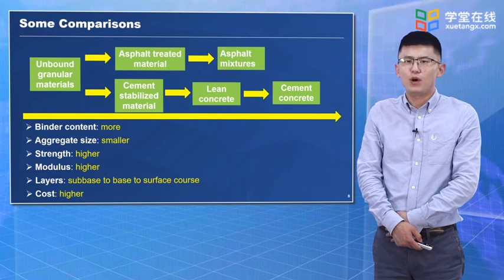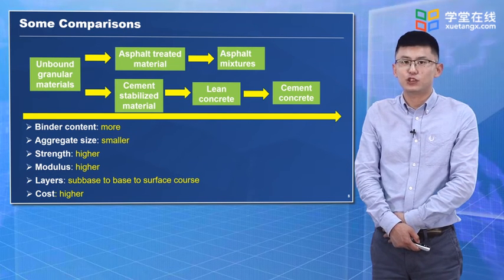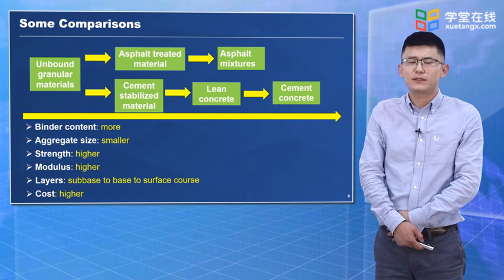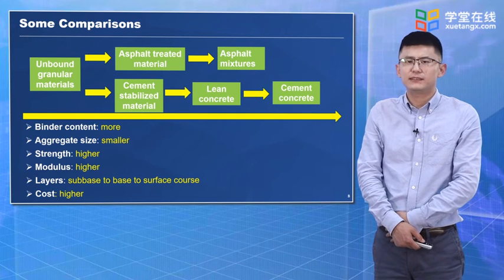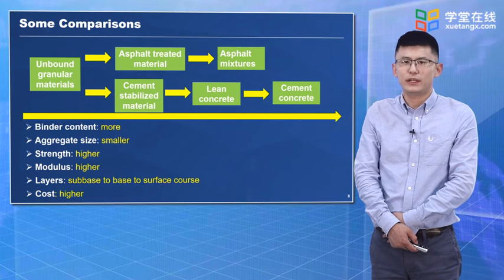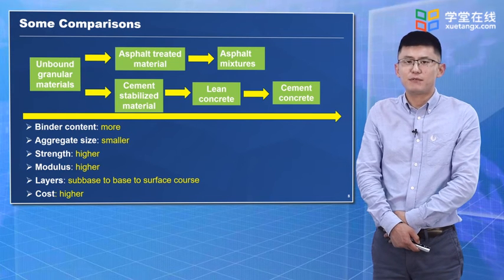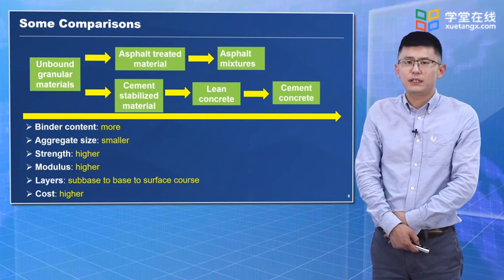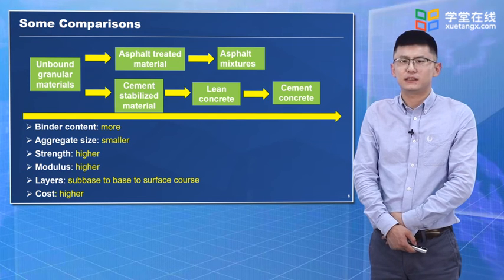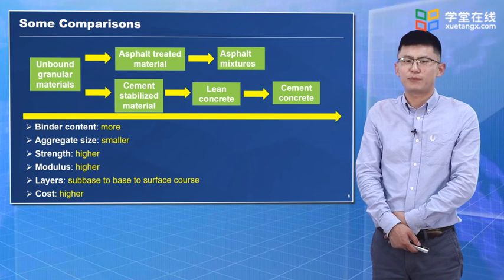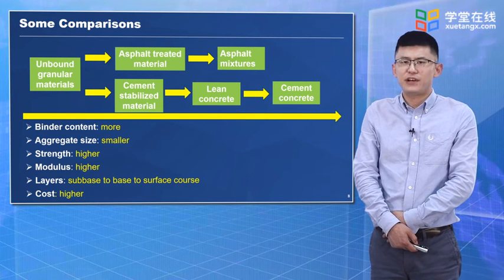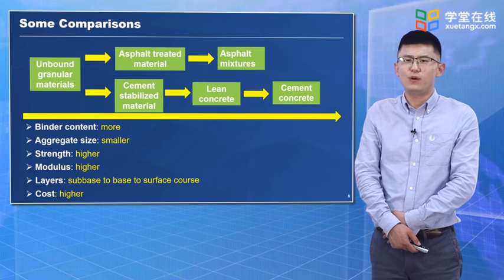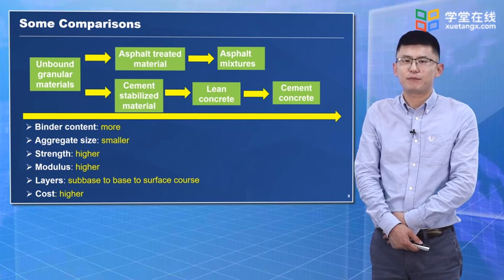And if we add more asphalt, we can get the asphalt mixture. And at the bottom, if we add some inorganic or binding materials, for example cement or fly ash or lime, we get the cement stabilized material. If we add more cement, then we get the lean concrete. And at the very right, if we add even more cement, we can get the cement concrete.